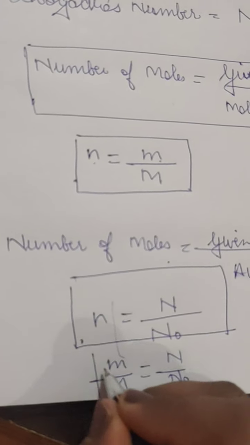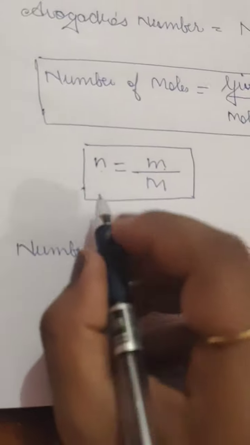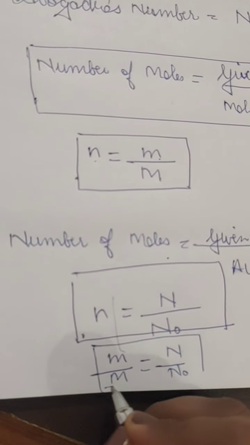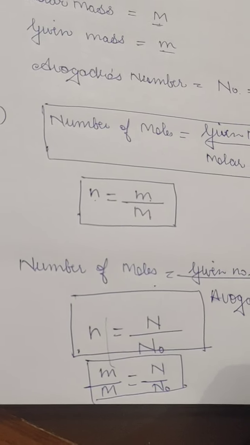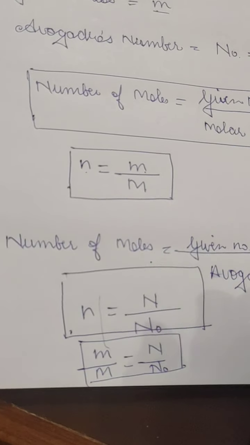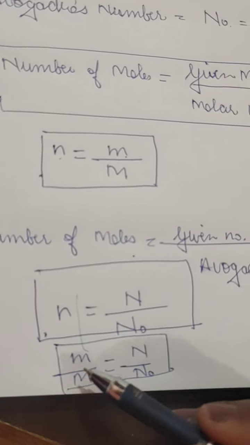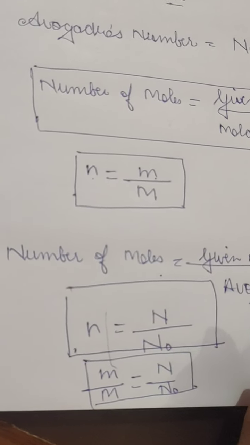So in any question where we are not asked about the number of moles, but we have been given these values, we can find out anything here. So these things we have to learn.